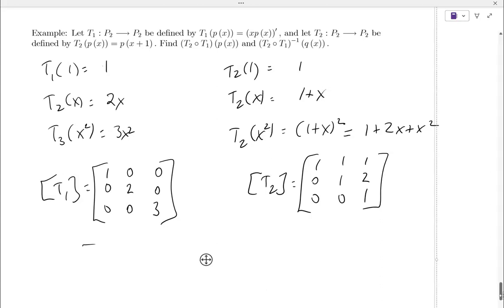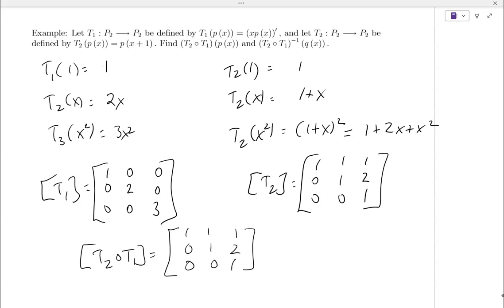Okay. All right. Matrix for the composition. How do we find the matrix for the composition? Multiply. Good. Yeah, multiply the two matrices together. I need the matrix for T2 times the matrix for T1 this way. Notice we've got a diagonal matrix here being multiplied on the right.